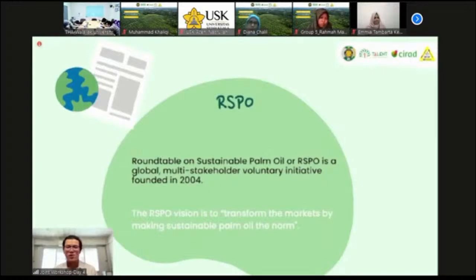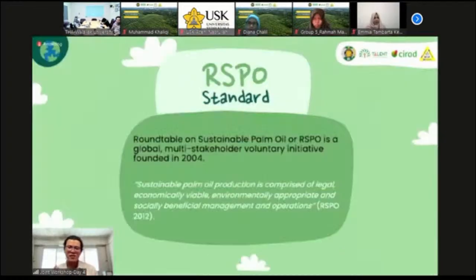The Roundtable on Sustainable Palm Oil, or RSPO, is a global multi-stakeholder voluntary initiative founded in 2004. The RSPO vision is to transform the markets by making sustainable palm oil the norm.